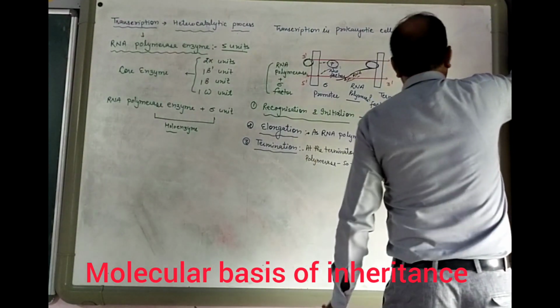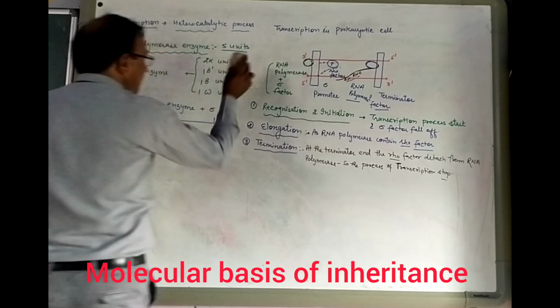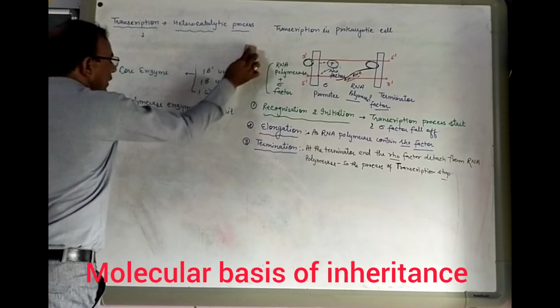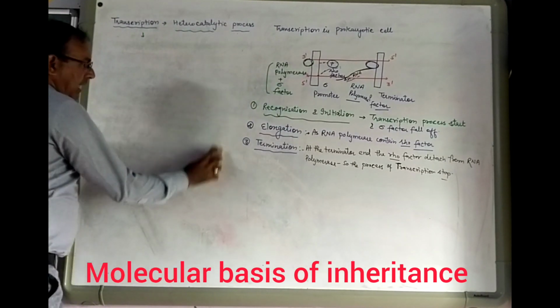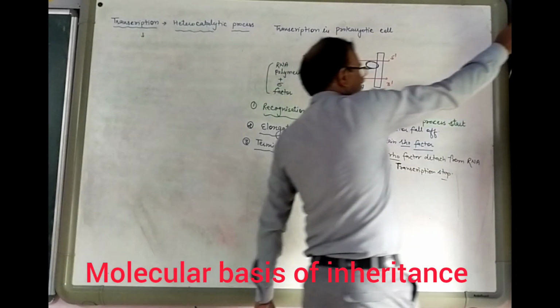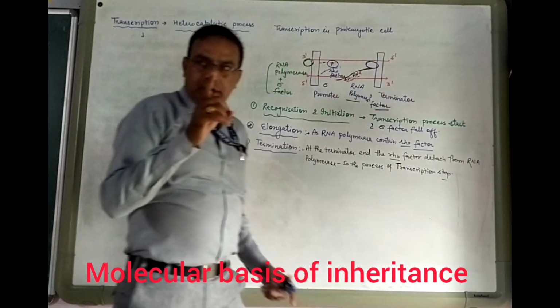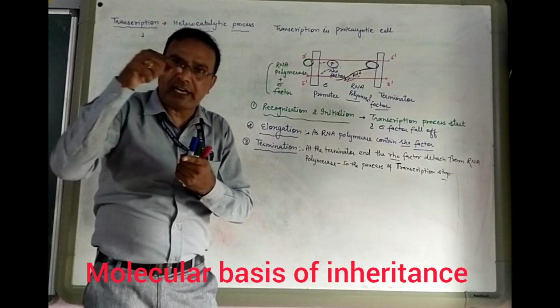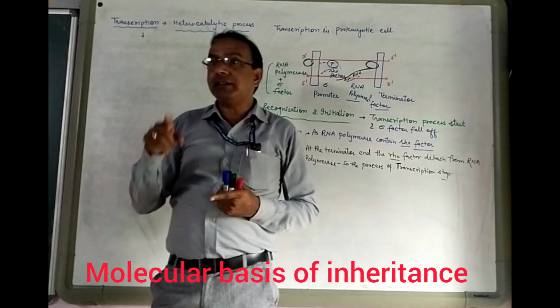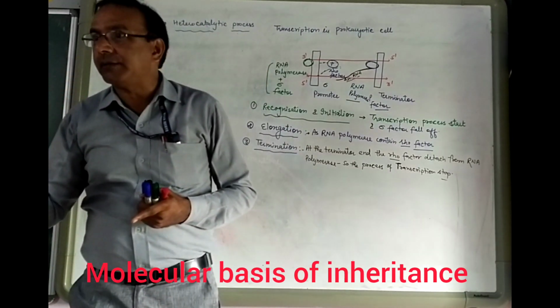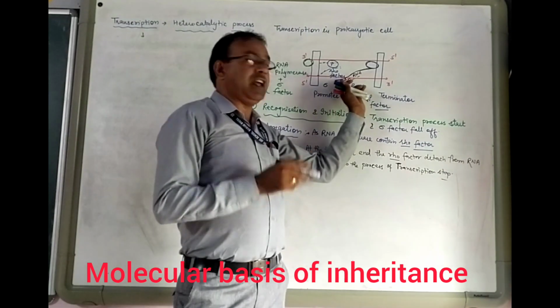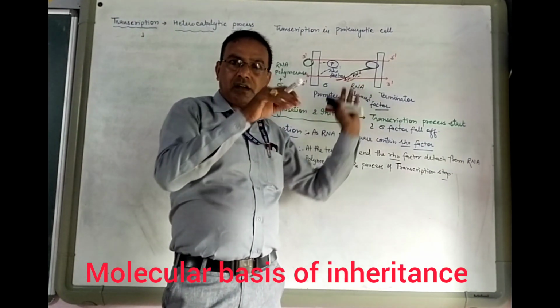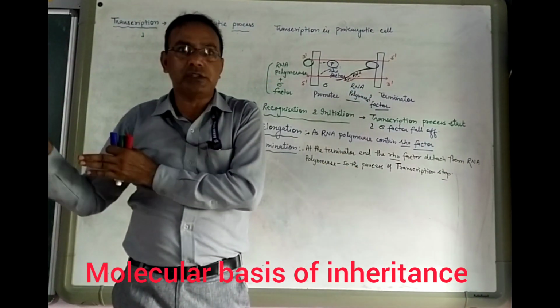But in eukaryotic, how does the transcription process occur? We know that in the eukaryotic cell there is a nuclear membrane. Transcription occurs inside the nucleus, but translation occurs in the cytoplasm. So the hnRNA synthesized in the nucleus comes out through the nuclear membrane to the cytoplasm.